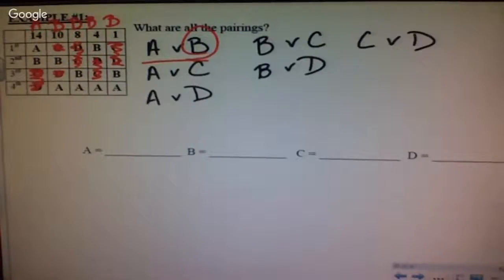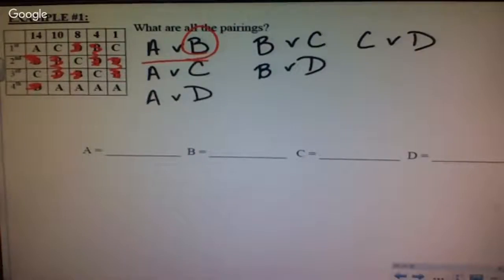Okay. We need to do that now with A versus C. So again, when we look at A versus C, it's like B and D don't exist. So A takes the first column, C takes the rest.